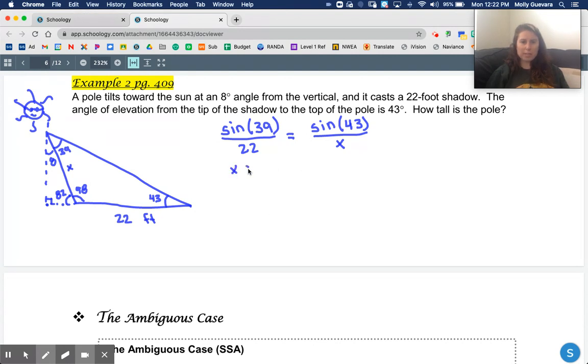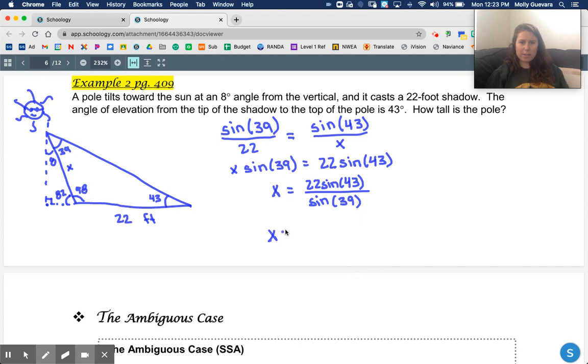So x times sine of 39 equals 22 times sine of 43. Divide both sides by sine of 39, and I get 22 sine of 43 over sine of 39.